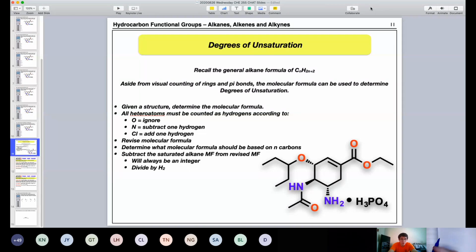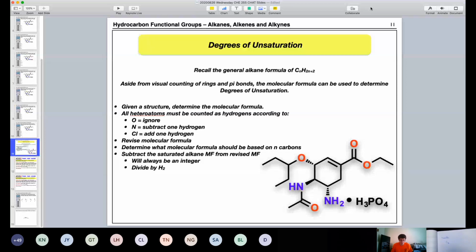So how many carbons do you count? So we have C16. Can everyone see the document cam? There's 16 carbons. Aiden's thrown his response in the chat.